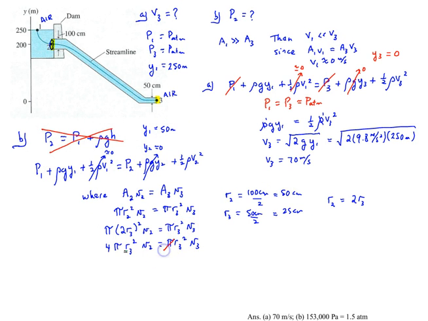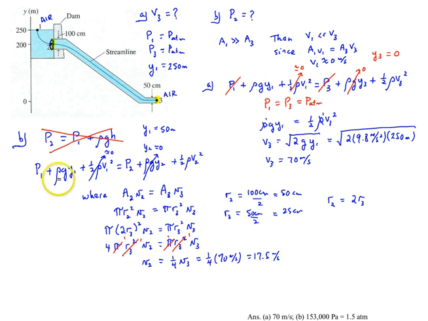And we'll see a bunch of things that cancel out, like pi and radius 3 cancels out. And you get velocity 2 is actually 1/4 of velocity 3, or 1/4 of 70 meters per second, which is 17.5 meters per second.